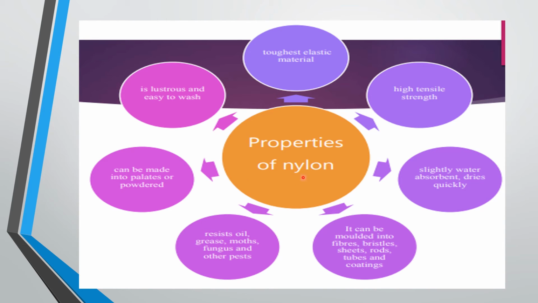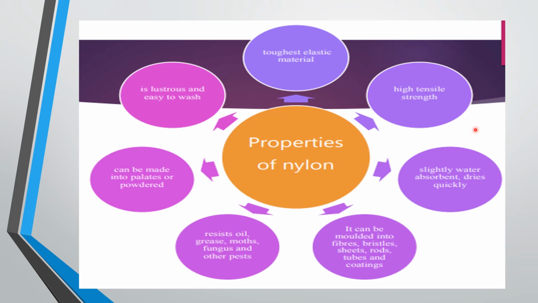Now coming to the properties of nylon. The first property is that it is a toughest elastic material. That is, it has a very good stretching capacity so that it can be stretched to a greater extent. And it has high tensile strength. That is, no matter how heavy the load is at one end of the nylon rope, it can withstand the weight.